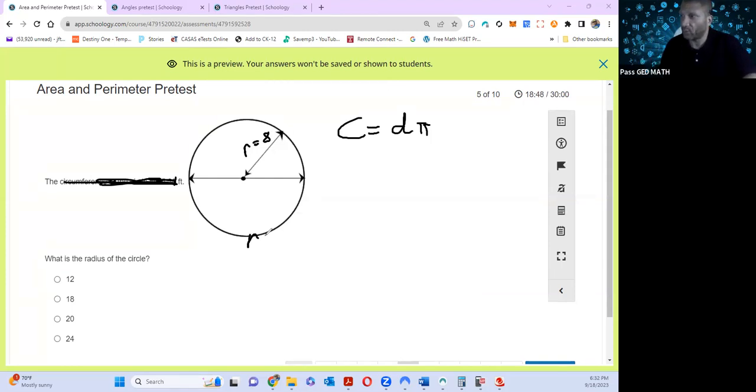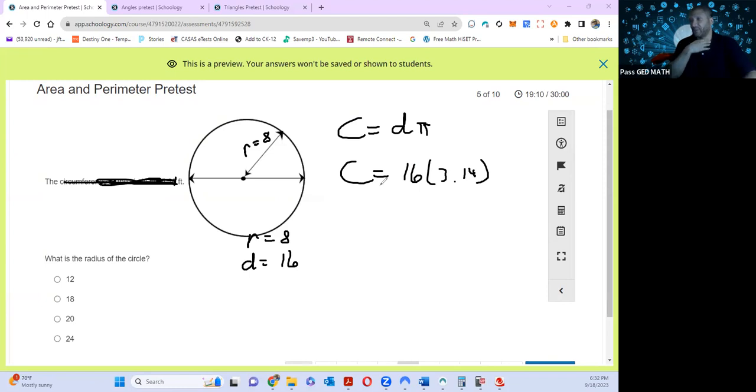If I know the radius is 8, I can figure out the diameter is 16, because the diameter is twice as big as the radius. Now that I know the diameter is 16, C equals 16 times 3.14. Now I can solve for C by multiplying. I think it's like 52 something, whatever it is. We just plug it into our calculator. But that's what algebra is about.